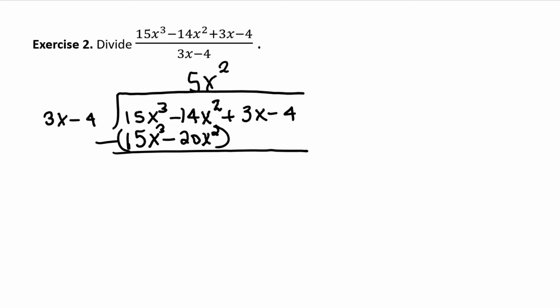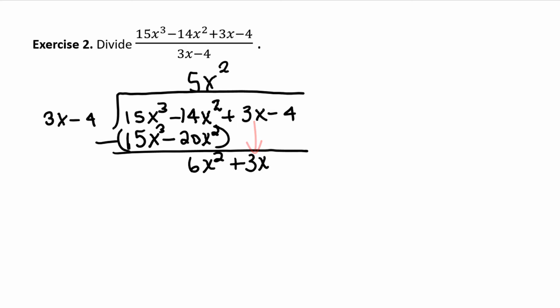Now, you're going to have negative 14x squared minus negative, that means you add the 20x squared. So that negative 14 plus 20 is 6. Don't forget the x squared. Bring down the 3x.